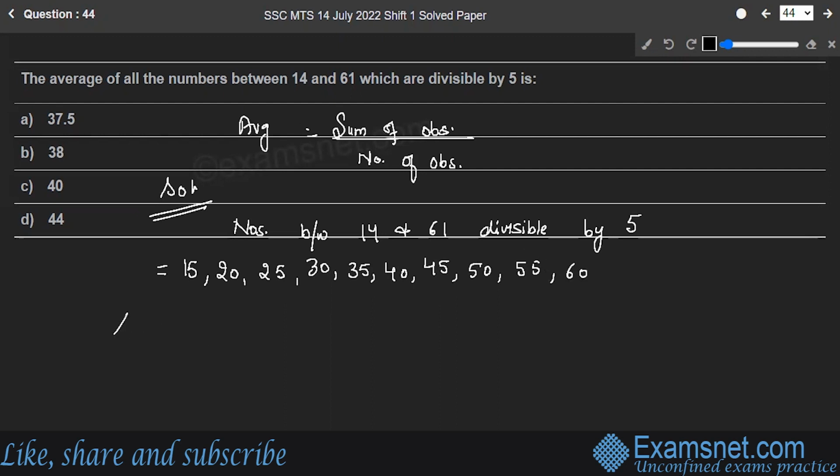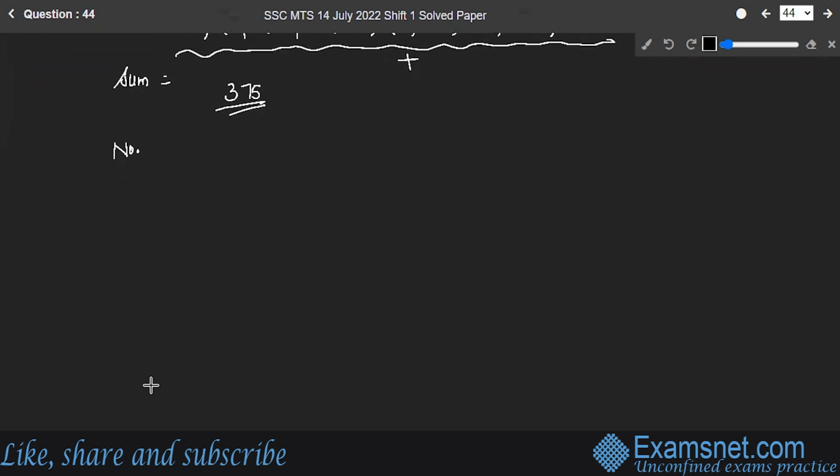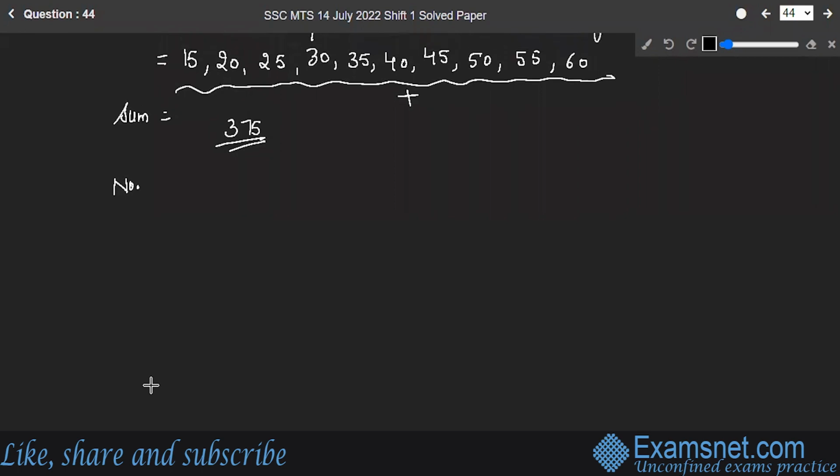Now let's find out the sum of these numbers. Let's add all of them, and you will get the sum as 375. Also, number of terms, if you count them, it will be 10: 1, 2, 3, 4, 5, 6, 7, 8, 9, 10.